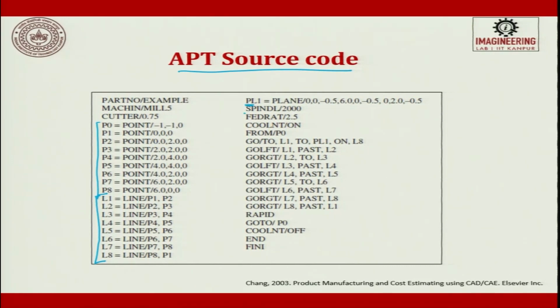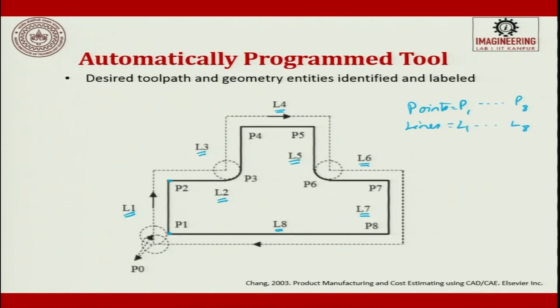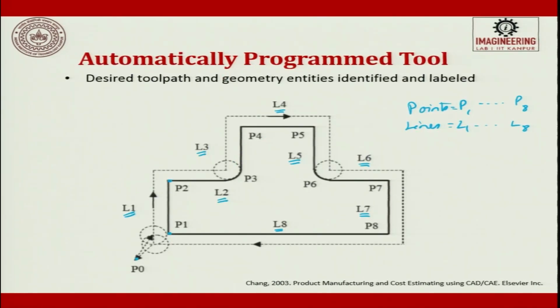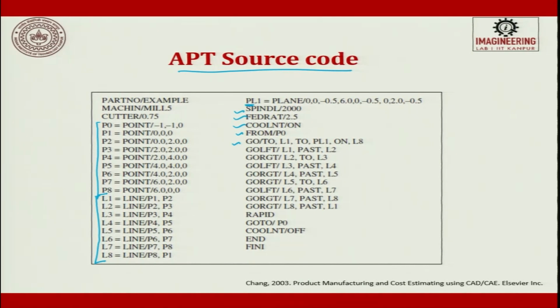Then you will say spindle on, feed rate, coolant. Then what you say is move from P0, go to L1, to plane 1, on L8. Go to P0, P1. So, it says go to L1, which is a line, to plane 1 on L8.